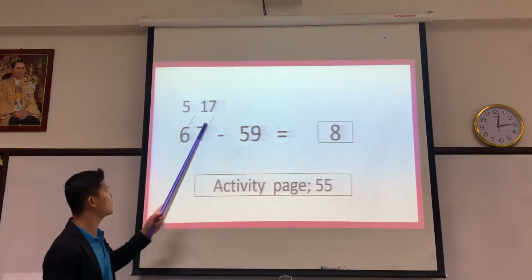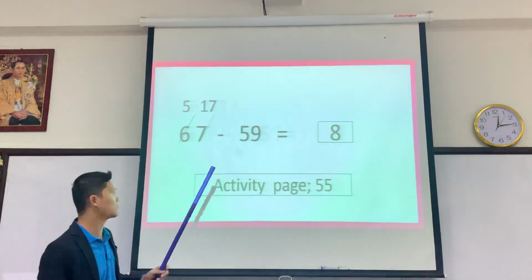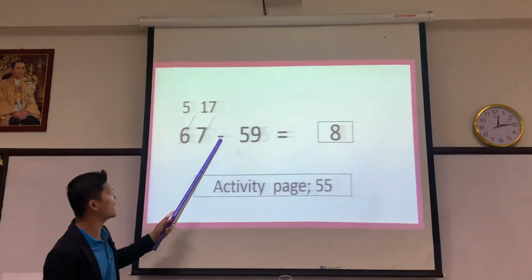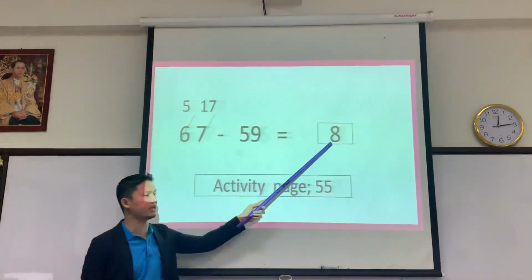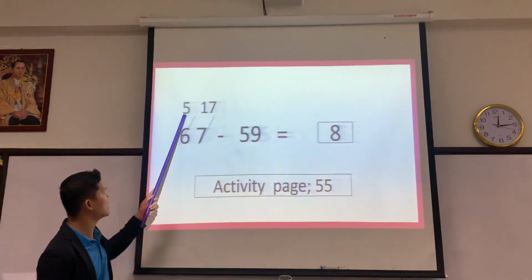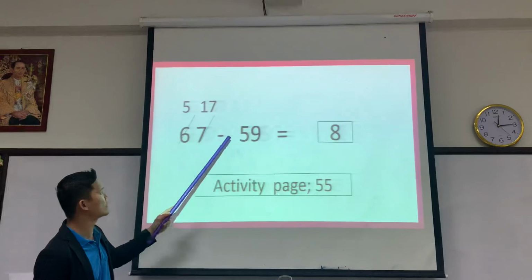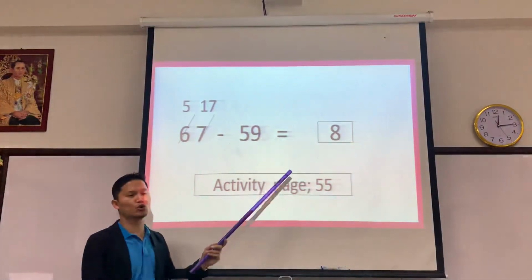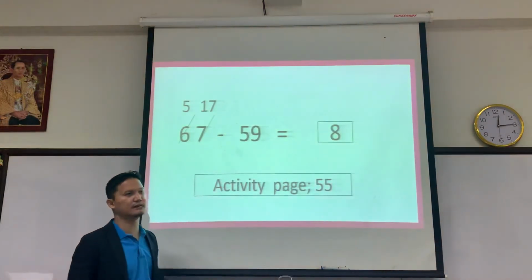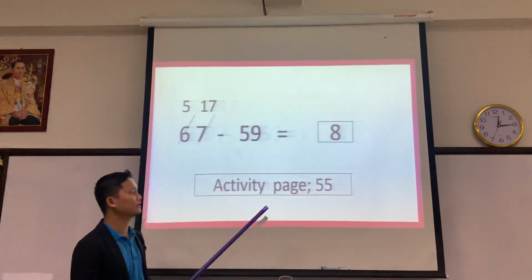We cross them out to make it easy to subtract. Now 17 minus 9 equals 8. And we go to the tens place number. 5 minus 5 is 0. So it is exempted, and we should not write 0 here because there is nothing there at all.